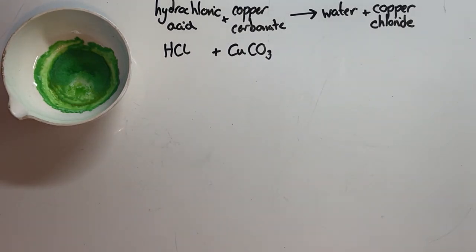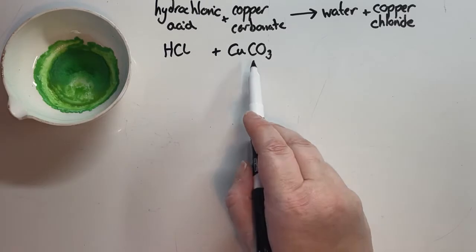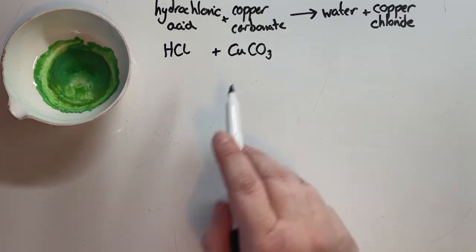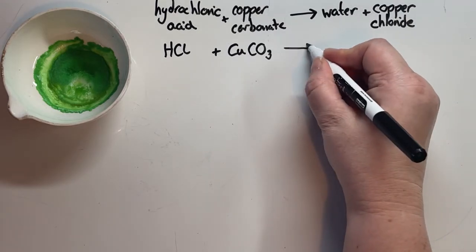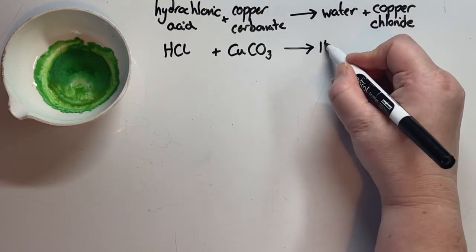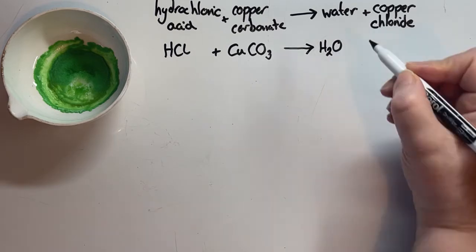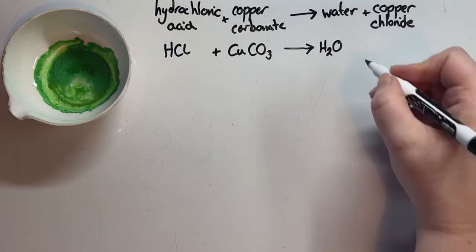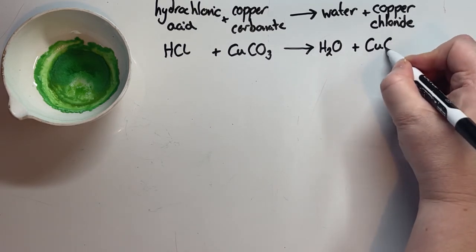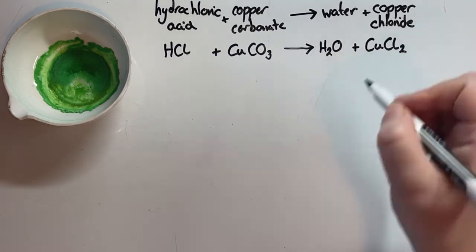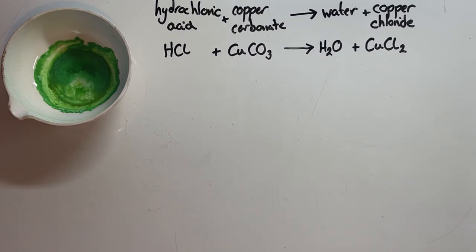So that's the Cu for copper, and then we've got carbon and 3 oxygens. That reacts to form water, which is H2O, and we have copper chloride, and its formula is CuCl2.